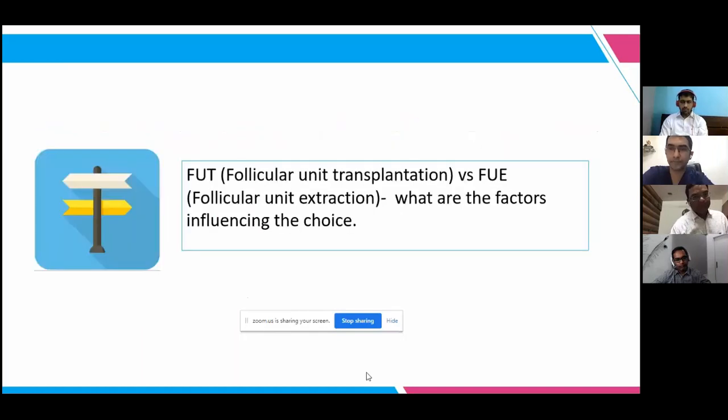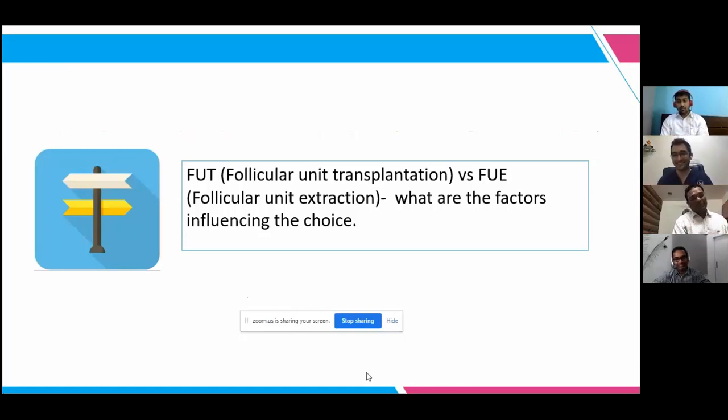Okay. And coming to FUT versus FUE. Dr. Anand, FUT versus FUE, which one do you prefer? Right now, both are good methods. Those who do FUT like FUT, and those who do only FUE, without FUT, propagate FUE only.